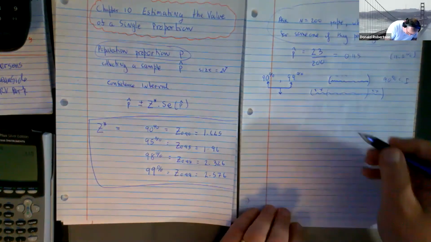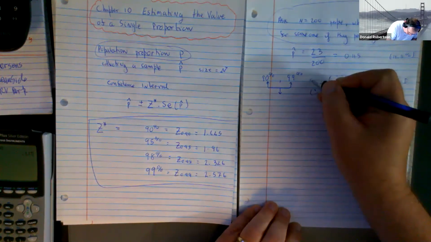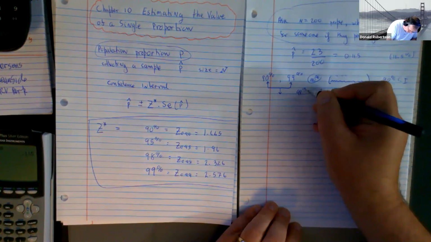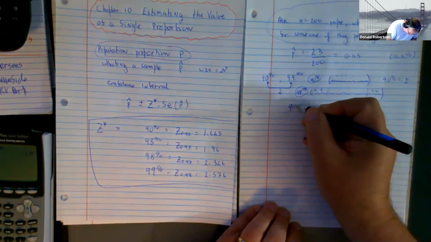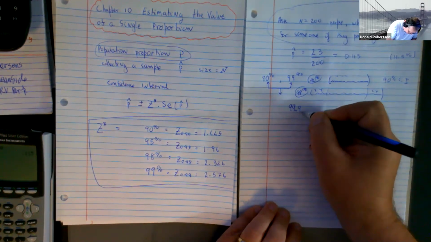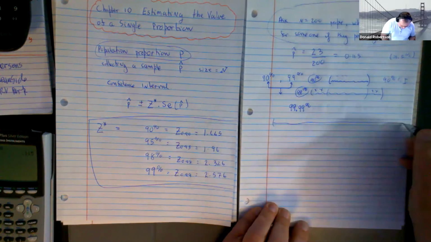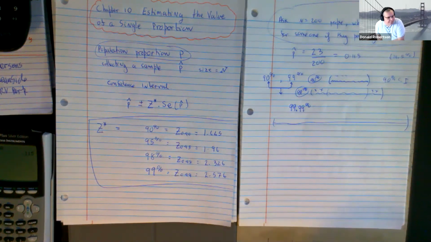So if you can imagine, that is a 90, and this was a 99%. If I'm being silly here, but if I wanted to be 99.99% sure, can you imagine the interval would basically be almost everybody? So we have a balance here.